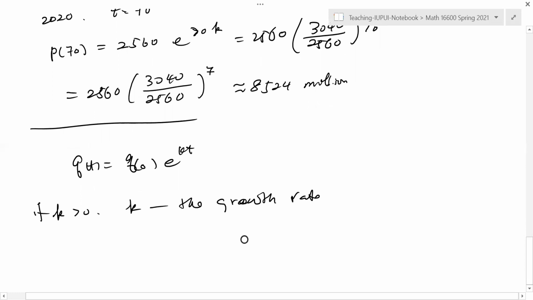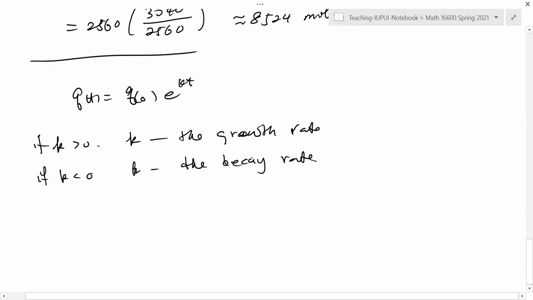When k is negative, sometimes we remove the negative sign, and this is called the decay rate, right? And it decays exponentially.